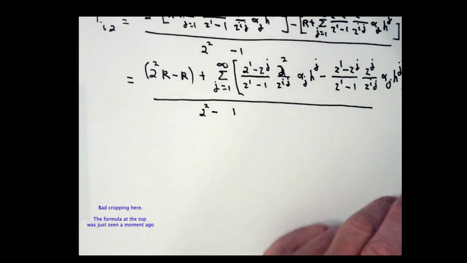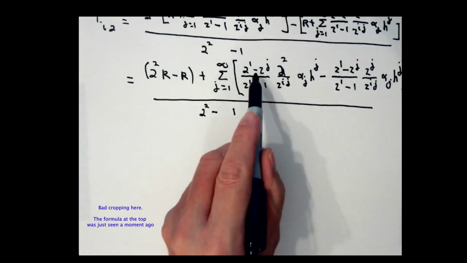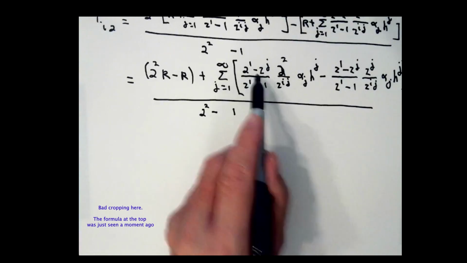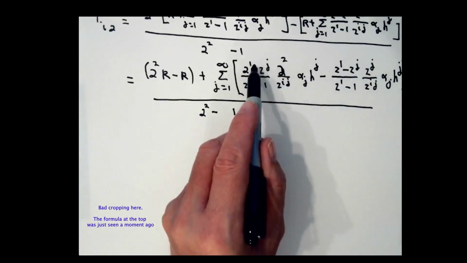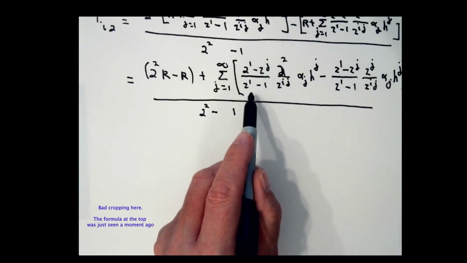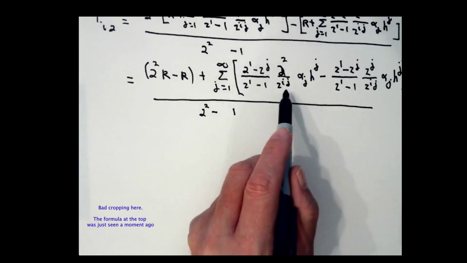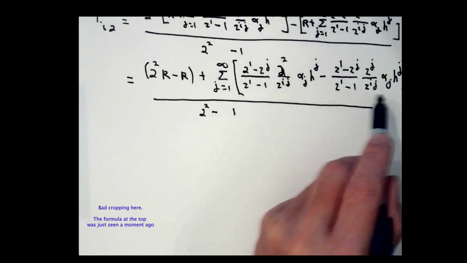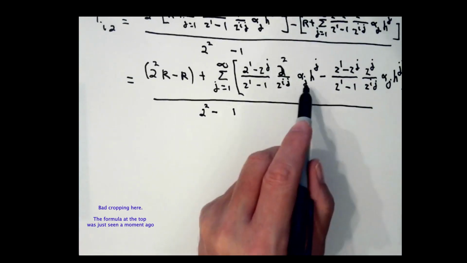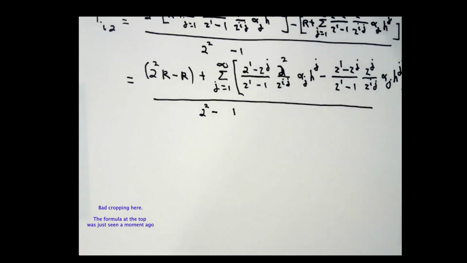In this new sum, there are certain things that are in common and a few things that are not. There's a 2 to the 1 minus 2 to the j in both pieces. There's a 2 to the 1 minus 1 in the denominator in both pieces. There's a 2 to the i times j. There is alpha_j and h to the j.